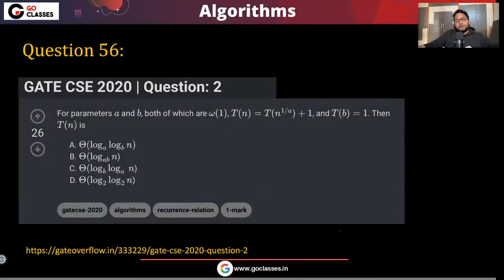So what is the correct answer here? A is the correct answer: log base a log base b n.